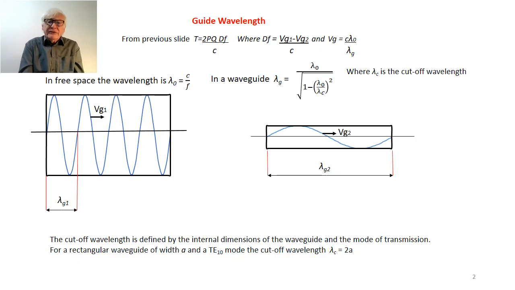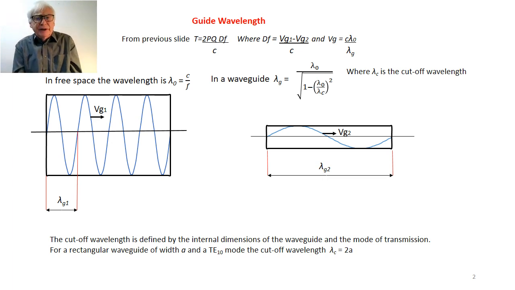But in the waveguide, lambda g, which is always longer than lambda naught, is equal to lambda naught divided by the square root of 1 minus lambda naught over lambda c all squared, where lambda c is a very important parameter called the cutoff wavelength.